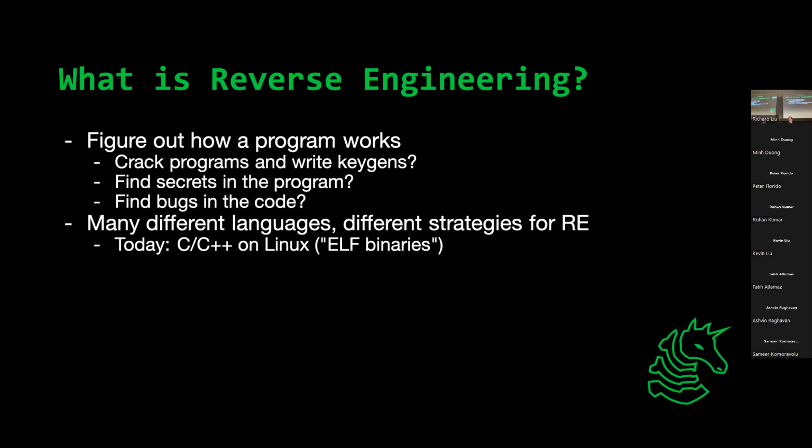Specifically for the challenges that we're going to do today, you usually want to find some sort of flag, and that's best done by understanding the code. Now, there are many different languages, and each one comes with different strategies for how you want to reverse it. Today, we're going to mostly focus on C and C++ binaries on Linux, and they're called ELF binaries.